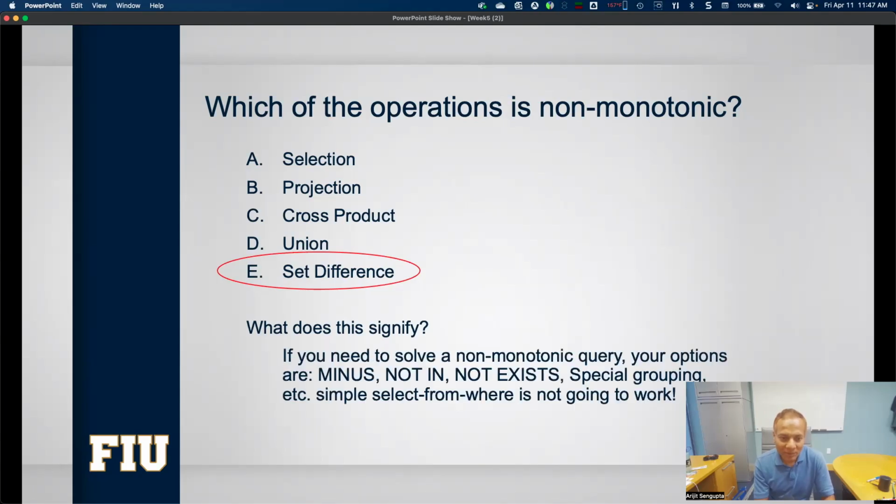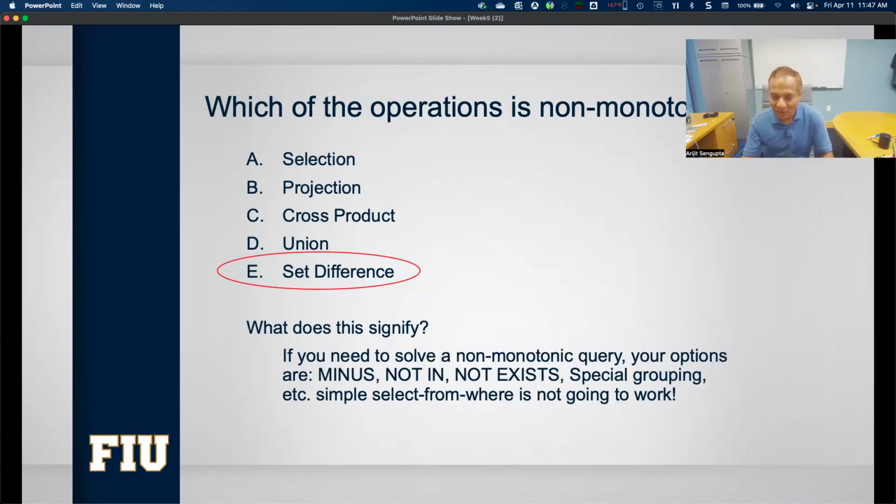So basically what this means is if you figure out that something is non-monotonic, you're going to have to use something like minus, and here are some of the other ones. Not in, not exists, pretty common. You can sometimes solve non-monotonic queries with some special grouping and maybe some left joins and things like that. But simple select from where is not going to work. Okay, so that's important to remember.